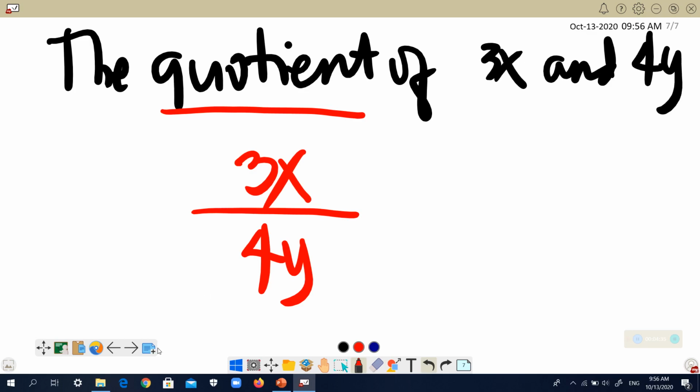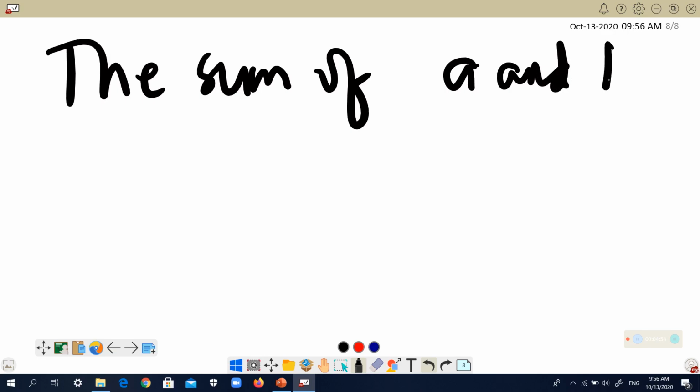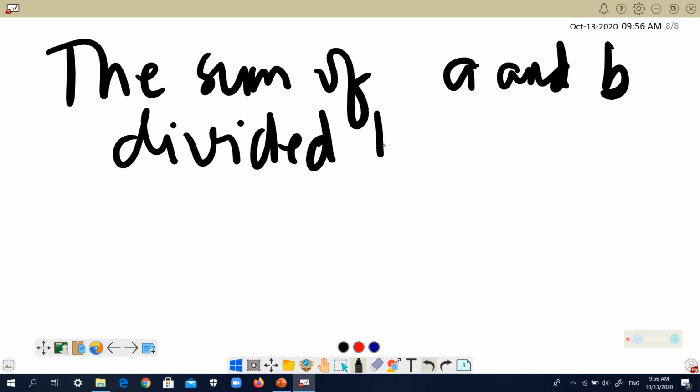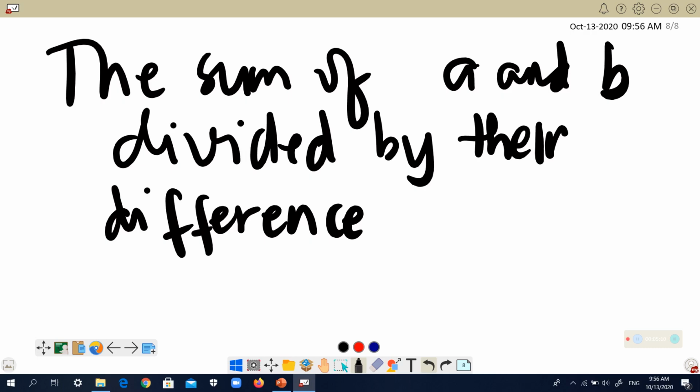Let's have another example. If I give you the phrase, the sum of A and B divided by their difference, we have to take note of the operations or the clue words that we are going to use.